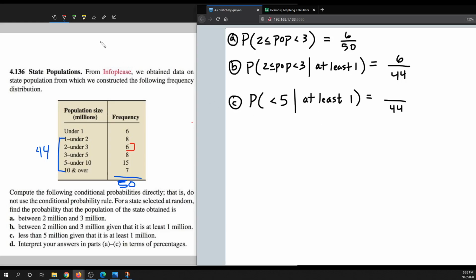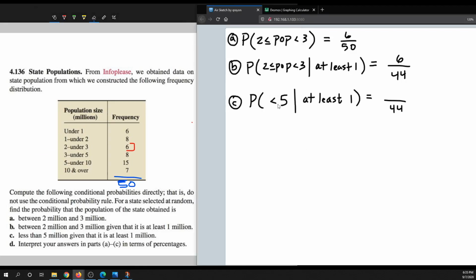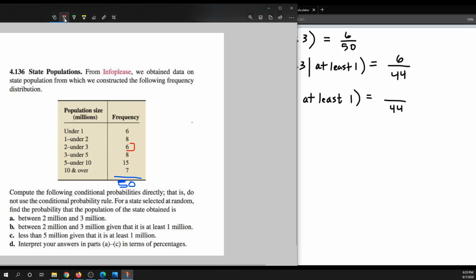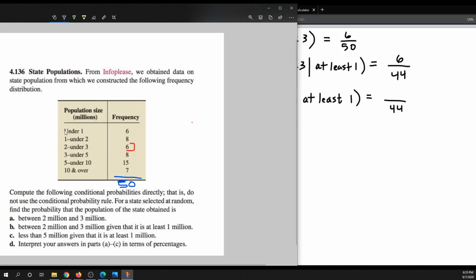And so now what we would want to do is to calculate the number of states that have a population of less than 5 million, okay? So looking at it, that would be these states less than 5, right? So these states right here, all right?